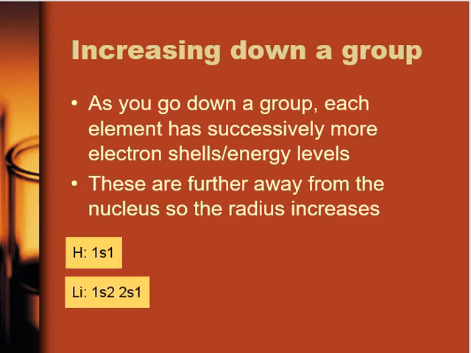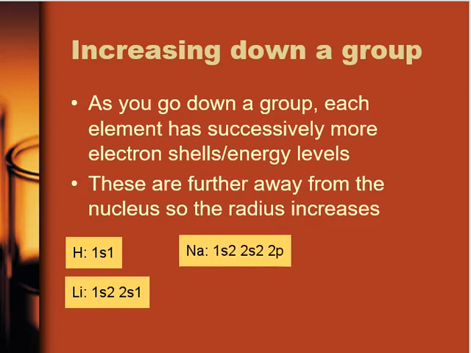So you can see already we've got an extra shell of electrons on there. Hydrogen's valence electron is in the first energy shell, lithium's valence electron is in the second energy shell. If we continue going down, then we get to sodium, and sodium's electron configuration is 1s2, 2s1.